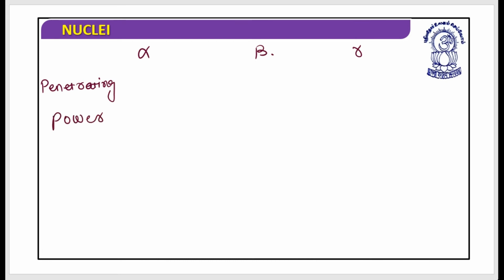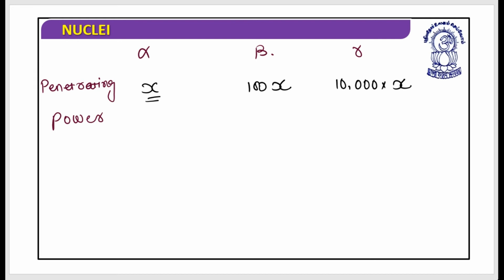Let's say alpha has a penetrating power of x. Then beta has 100x, and gamma rays have 10,000 times x. This is the penetrating power.